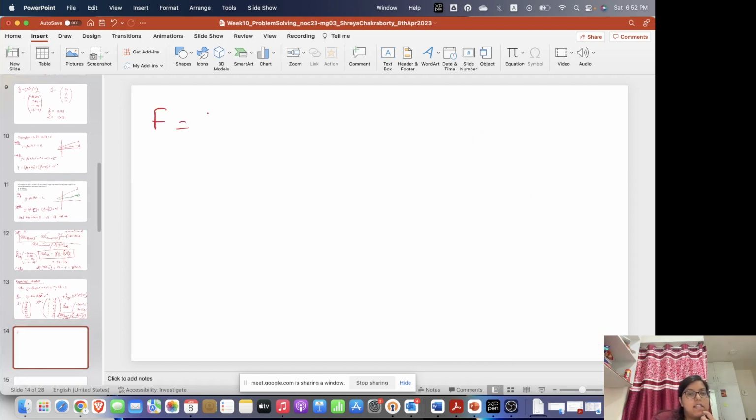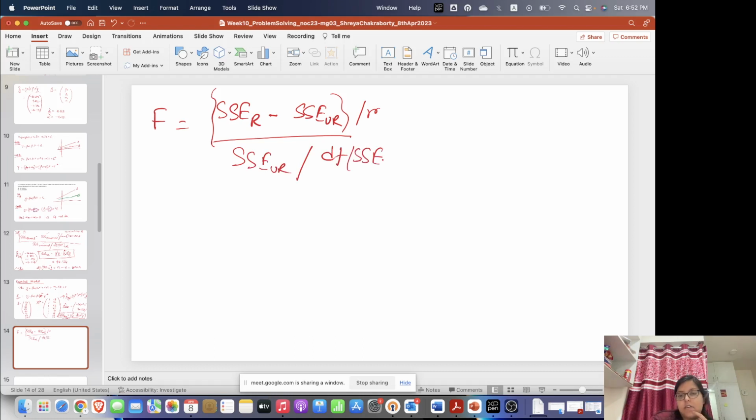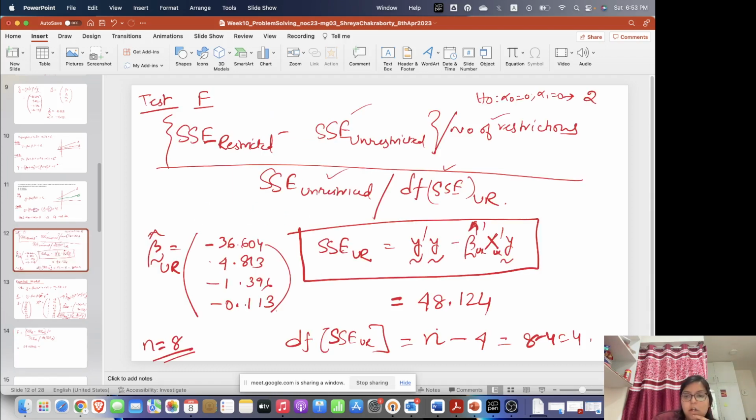So once we have the sum of squares error under the restriction, we are free to go ahead and use the F statistic, which is SSE restricted minus SSE unrestricted divided by the number of restrictions, by SSE unrestricted by df of SSE unrestricted. Here we'll just plug in the values. This will be 69.08413 minus the sum of squares error from the full model, which was 48.124.